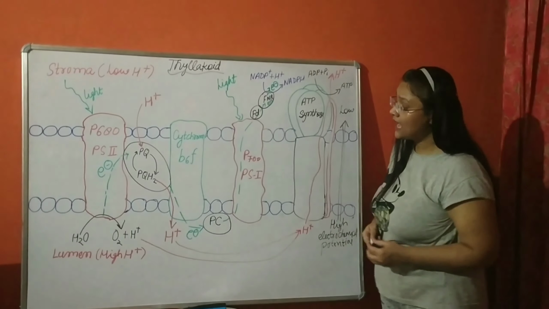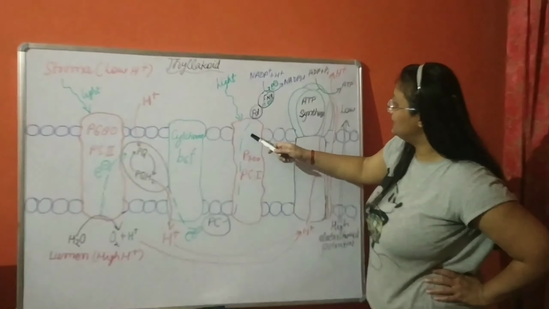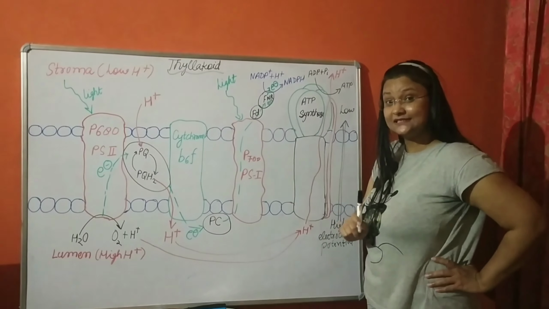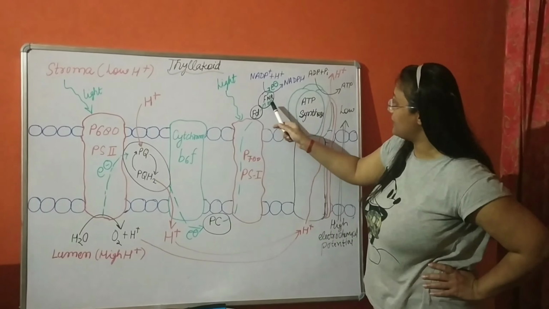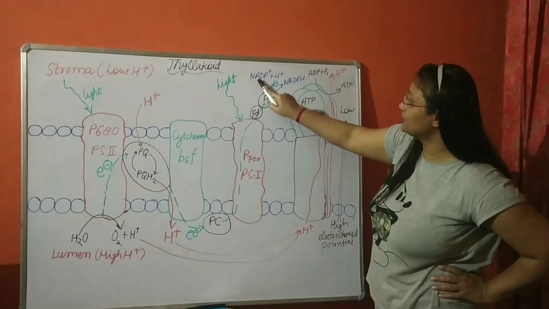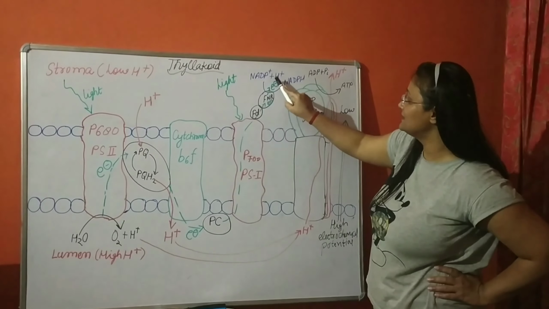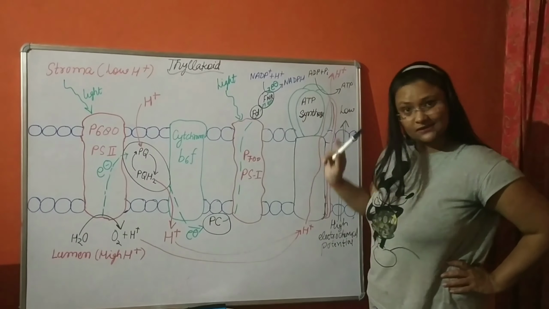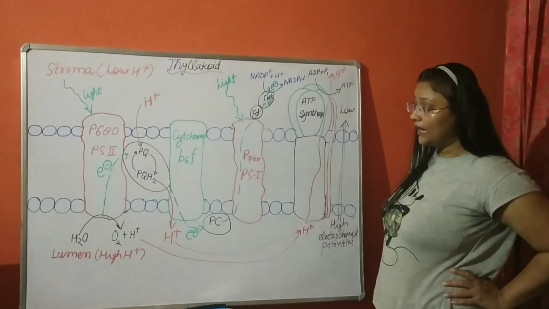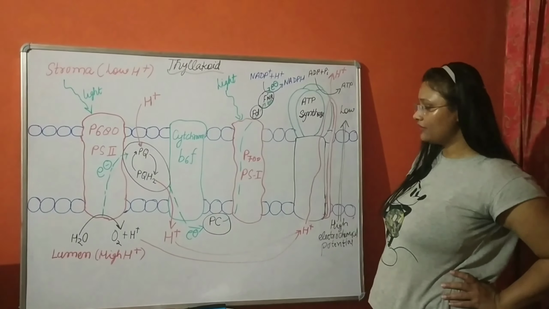And then it will reach ferredoxin, as I showed you earlier in the zigzag scheme, then FNR. And finally, this electron will be utilized for the reduction of NADP plus into NADPH. Here, the ultimate, okay, I will talk about it later.